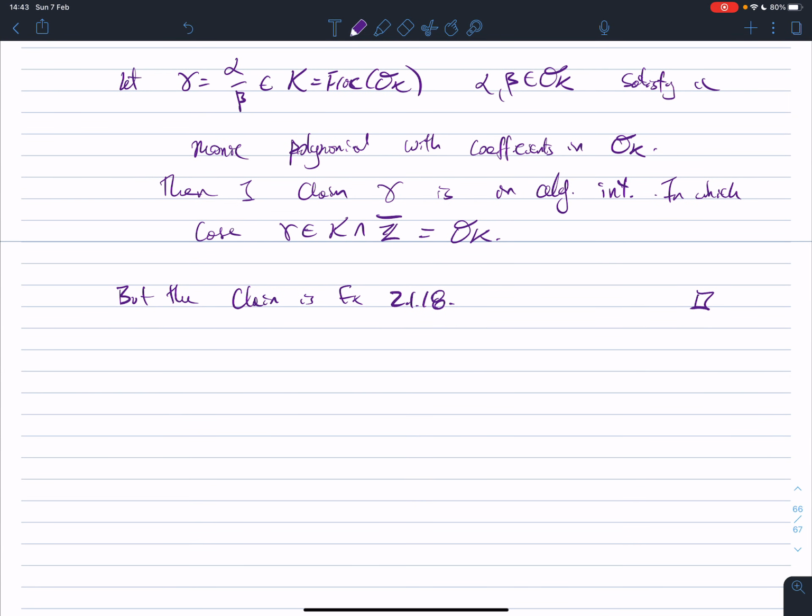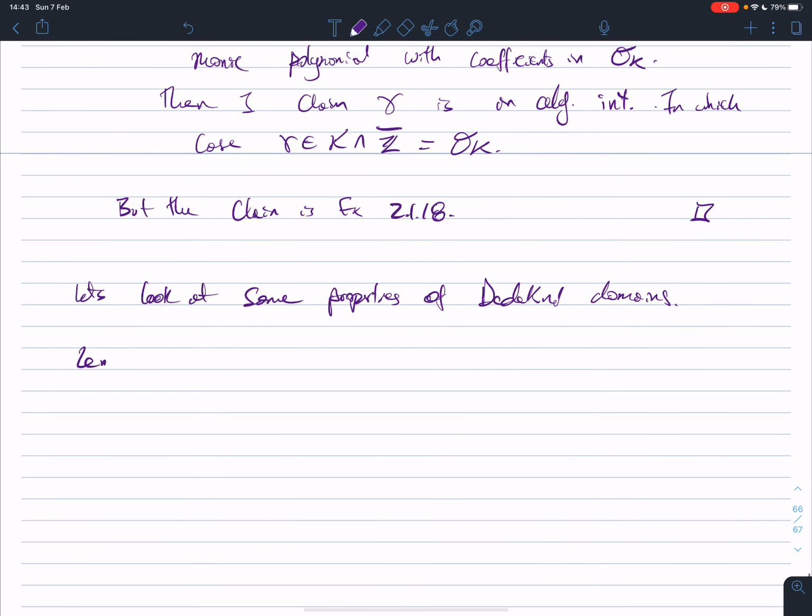So let's look at some properties of Dedekind domains and let's start seeing why we care about this. So what do we start with? We start with a lemma.